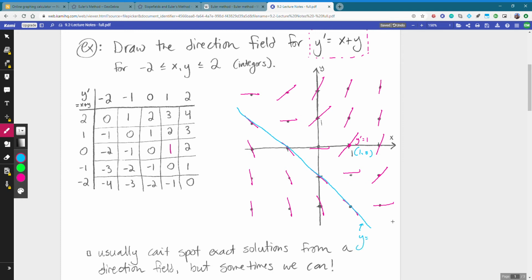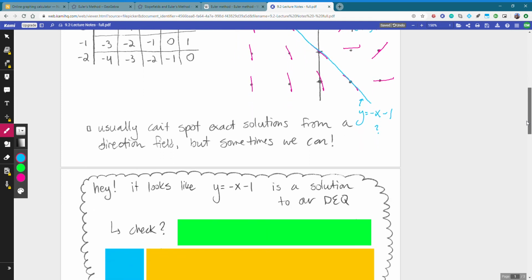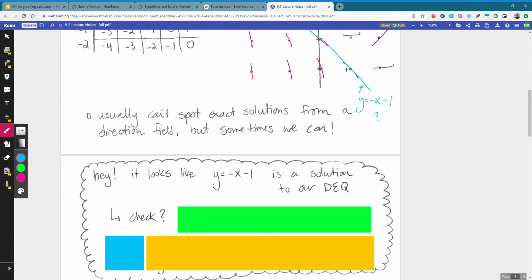Y equals, so slope minus 1, so minus 1x, y-intercept is minus 1. So it seems from this picture like that line y equals minus x minus 1 is a solution to our differential equation. It seems to pass through perfectly.